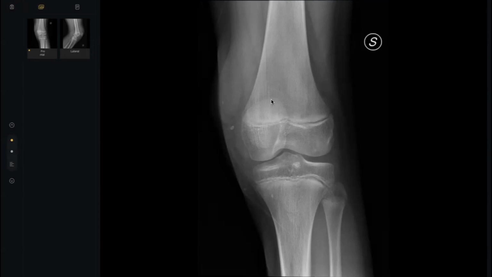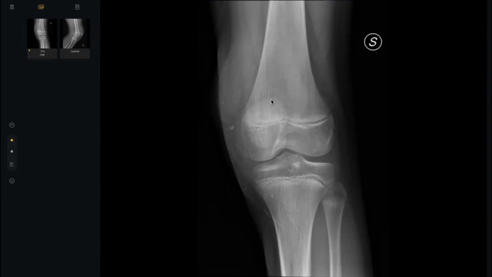So this is a frontal X-ray of the knee. I can see that there is soft tissue edema overlying the medial aspect of the knee joint, and checking the bones, I can't see any fracture line.